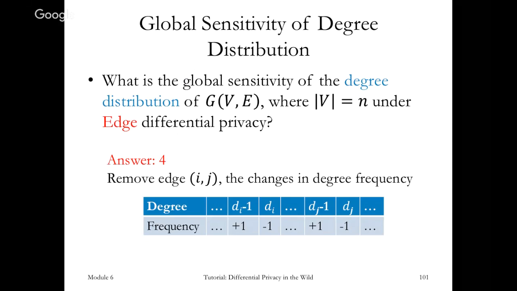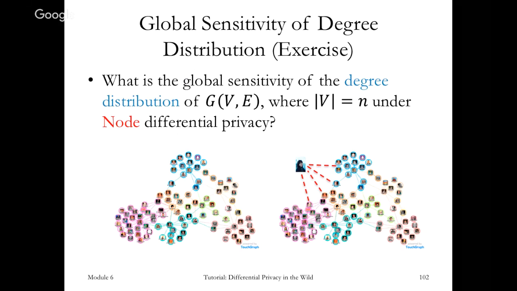And how about node differential privacy? Obviously here, when you remove a node from the graph, all of its edges are deleted. How many nodes are going to be affected? The nodes adjacent to the deleted node are at most n-1. So there are 2 times n-1 degree values that are going to be affected.